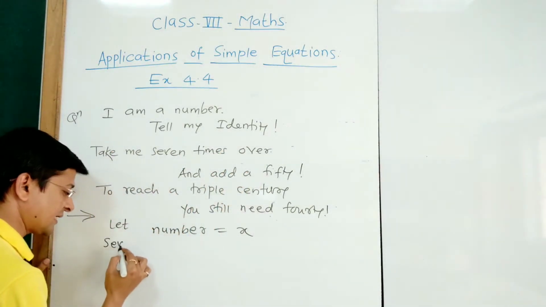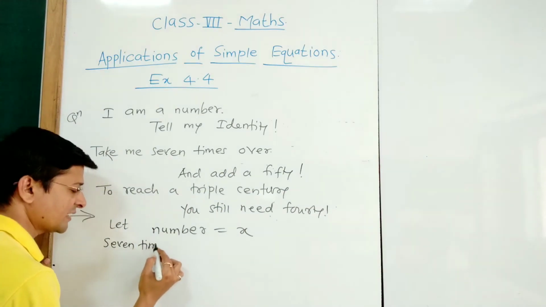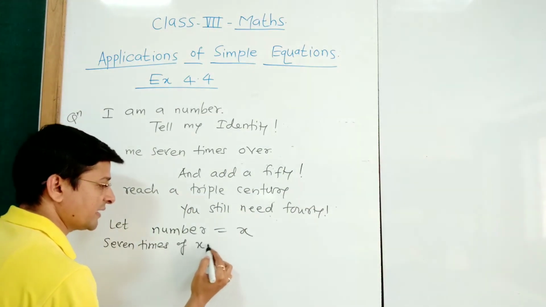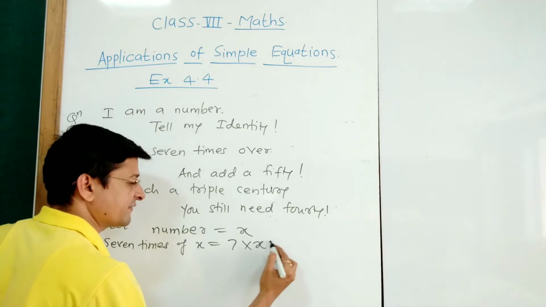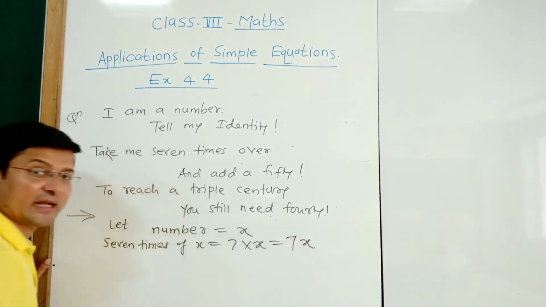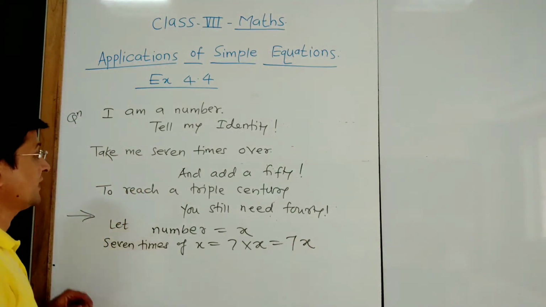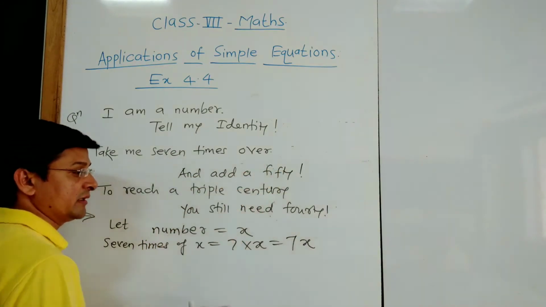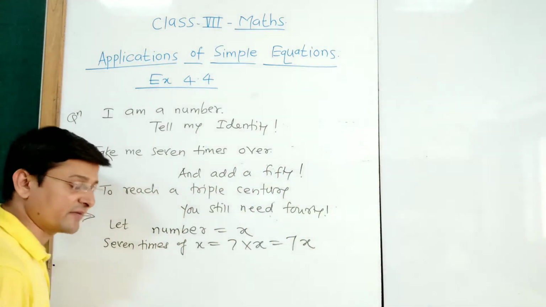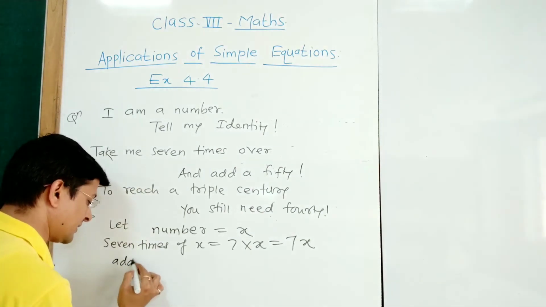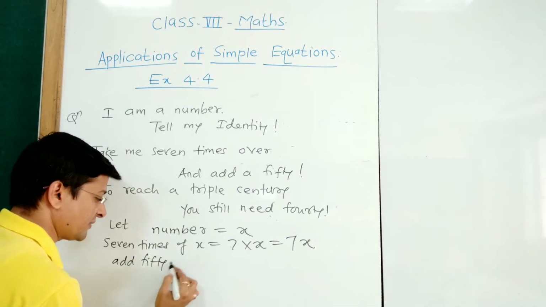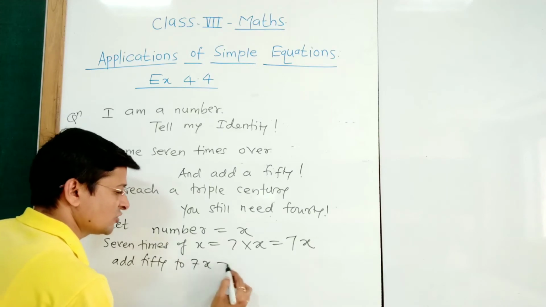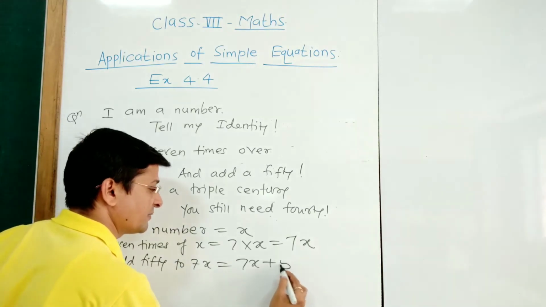So 7 times of x is equal to 7 multiplied by x. That means 7x. Now add a 50 to me. Now we have to add 50 with the 7x. Now add 50 to 7x. So we get 7x plus 50.